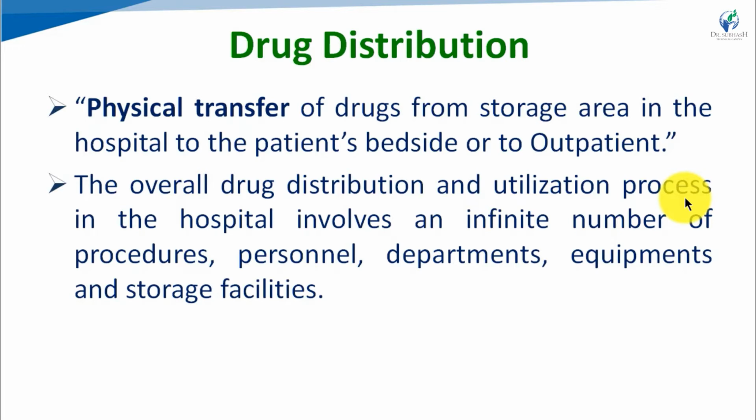The overall drug distribution and utilization process in the hospital involves an infinite number of procedures, personnel, departments, equipment and storage facilities. That means so many things are required if you want to distribute drug from the drugstore to the patient. So this is the common thing we need to understand about drug distribution in a hospital.